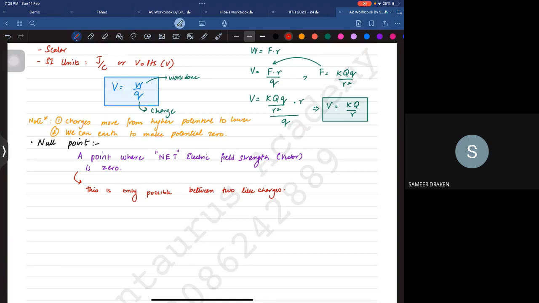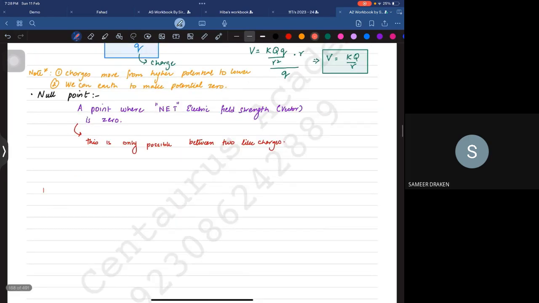Within this point, there are three things you need to remember. Note. Obviously, net electric field strength is 0. Net electric force is 0.